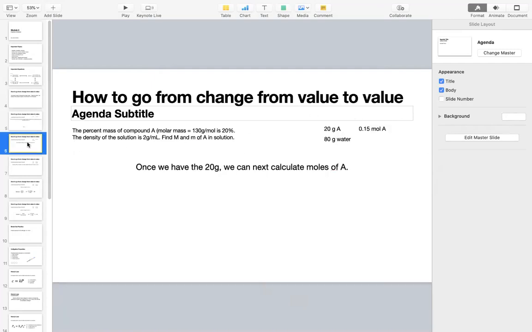On to the next step. Once we have the 20 grams, we can calculate moles of A. We do 20 grams divided by the molar mass, which in this case is 130 grams per mole, and we find that we have 0.15 moles of A.